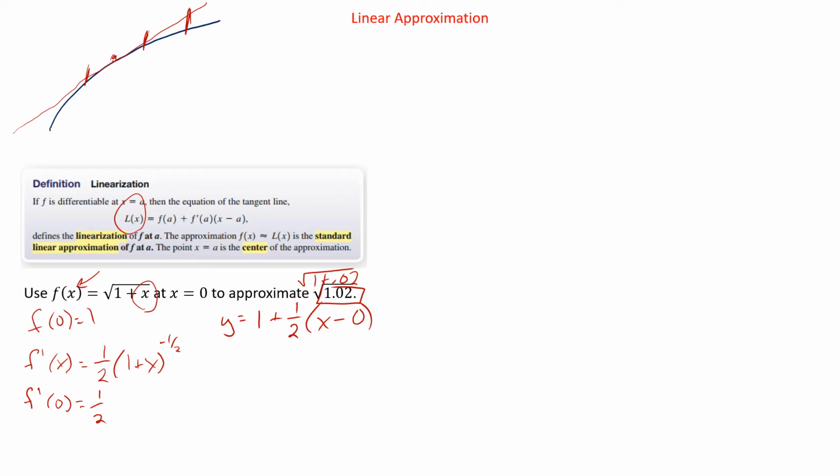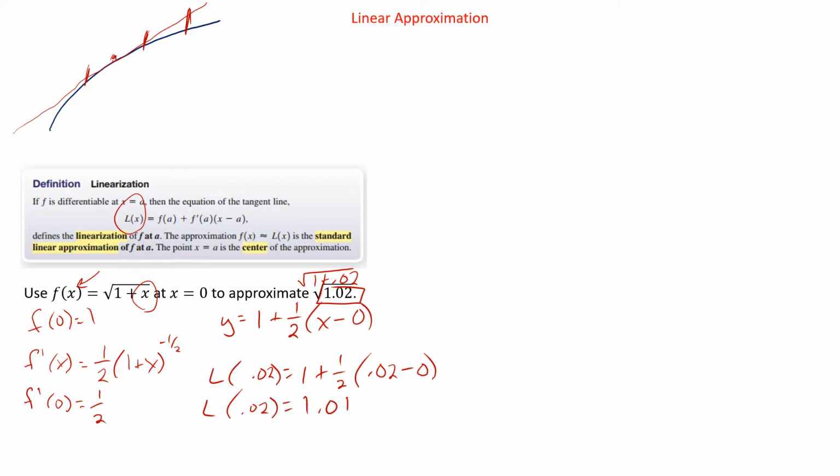So L of 0.02 is going to be 1 plus 1/2 times 0.02 minus 0. I don't know why I still have the minus 0. 1/2 times 0.02 is 0.01 plus 1. L of 0.02 is going to be 1.01.